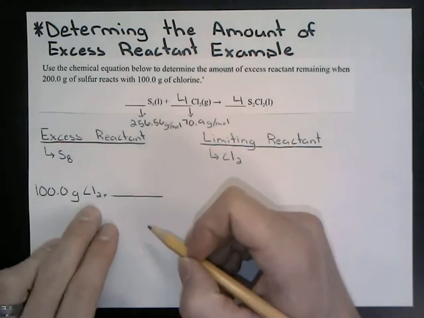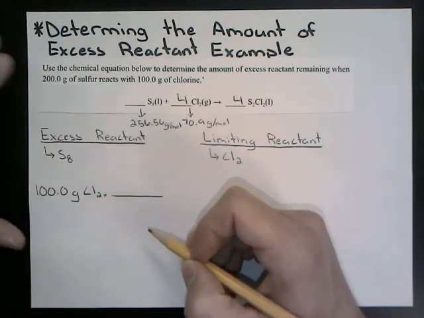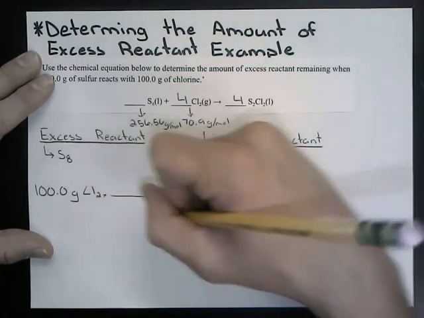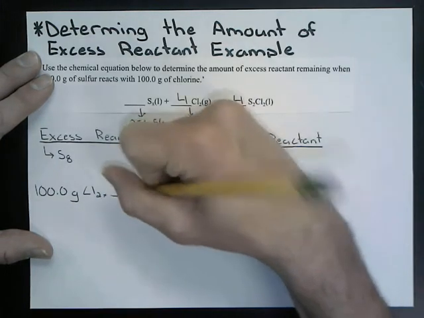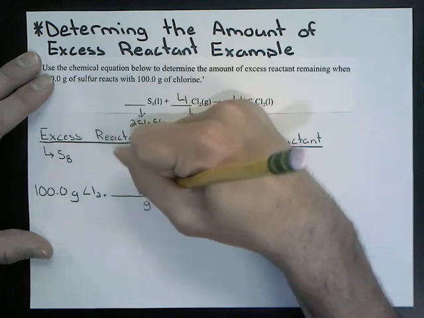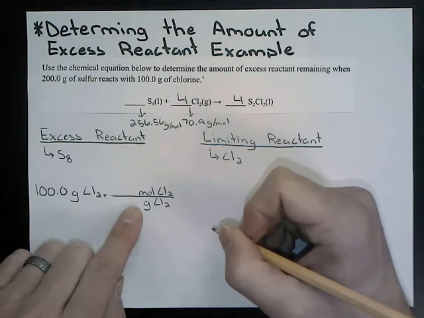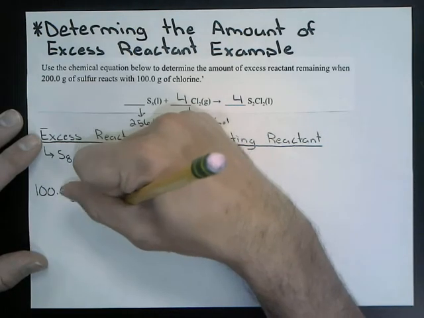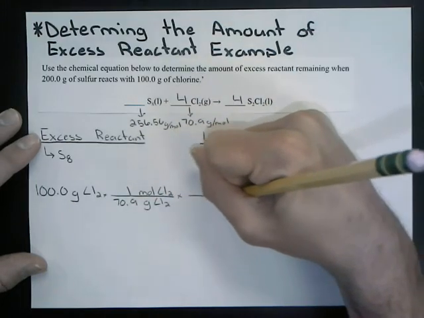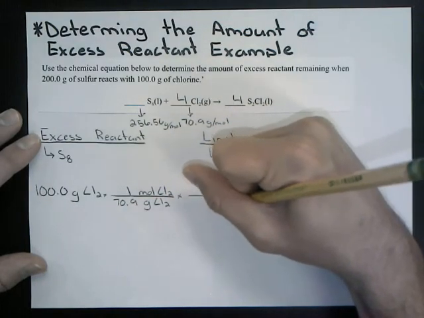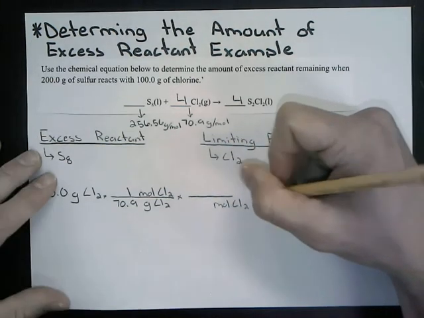So the first thing that we have to do, we're converting grams of Cl2 to grams of sulfur. So we cancel out grams on bottom of Cl2, and we go first to moles of Cl2. So the molar mass of chlorine is 70.9. In this case, it will go on bottom. That's for every 1 mole. Then we cancel out moles of Cl2, and we are going, very important, to that excess reactant.